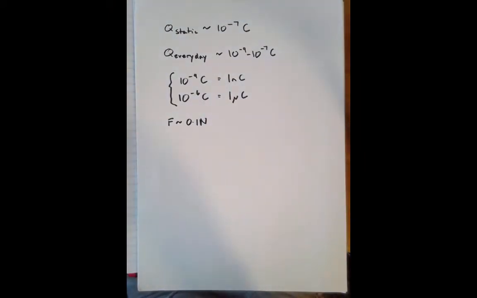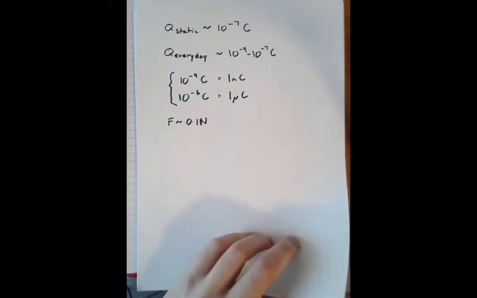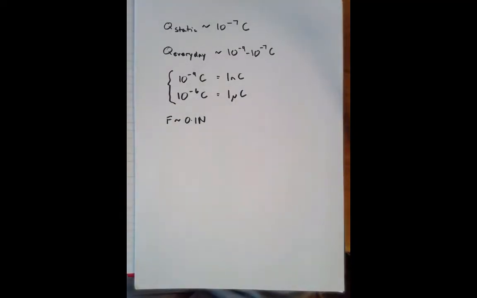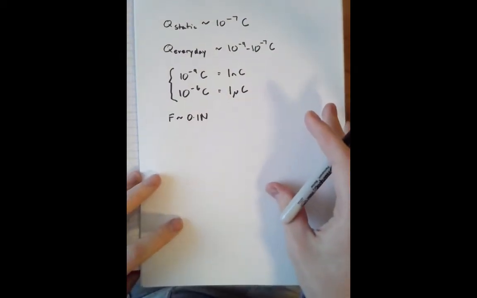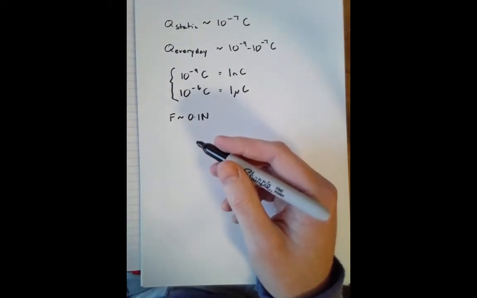And we made the pretty drastic approximation that the balloon and the wall could be treated as point charges. And that is probably the biggest flaw in that analysis. And that means that we should treat it with a grain of salt. But we end up with the right order of magnitude.